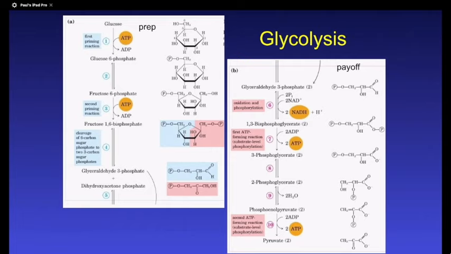That's the maximum number of ATPs you can make at the end, although 30 is probably the most often seen. We'll talk about that later as we go through several chapters. All right. In this process, we were going to use 2 ATPs at the beginning, so net minus 2, and at the end we will make 4. And so this glycolysis makes 4 of the possible 32 ATPs.